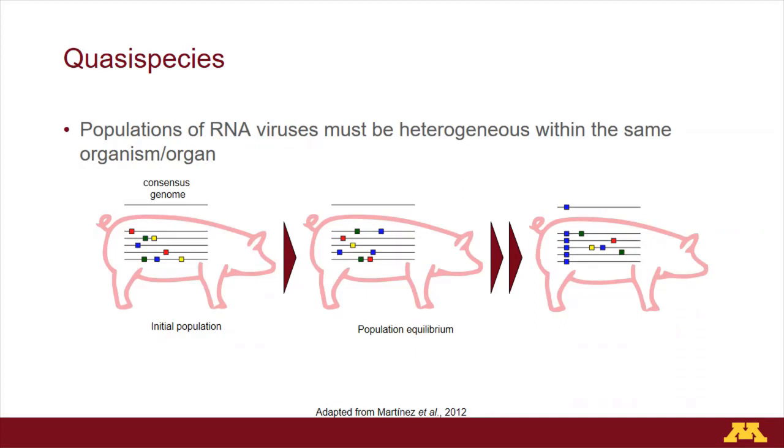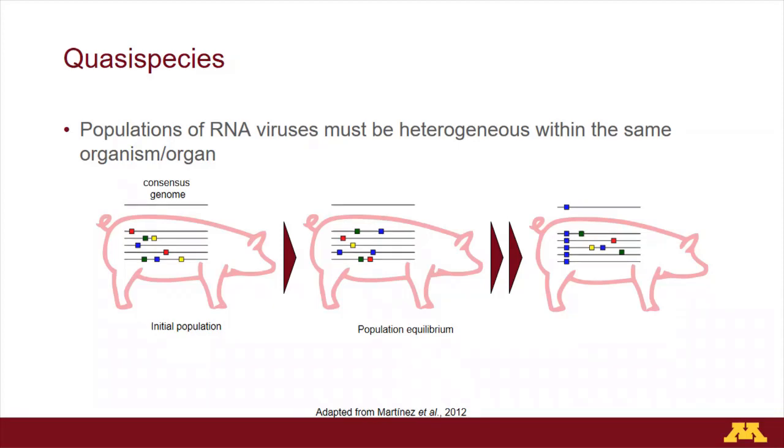Furthermore, since PRRS is an RNA virus, we also have the concept of quasispecies, which basically means that since RNA viruses are usually very prone to mutations, we likely have a very heterogeneous viral population within the same individual, which in this case would mean a pig, but also within different organs or even within a cell.